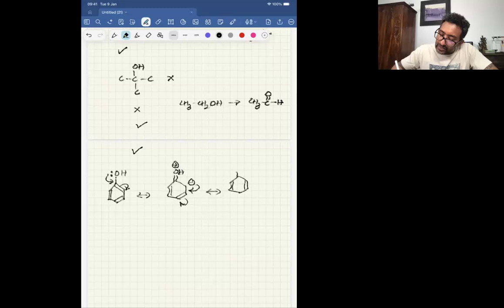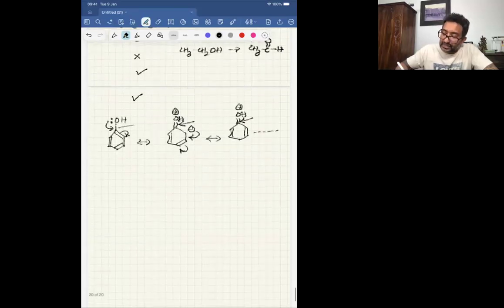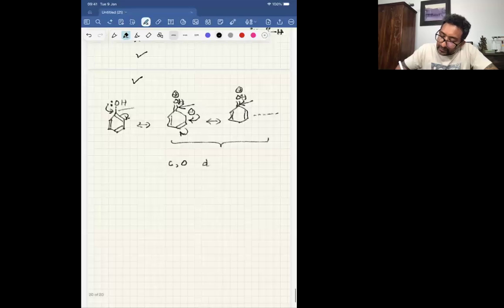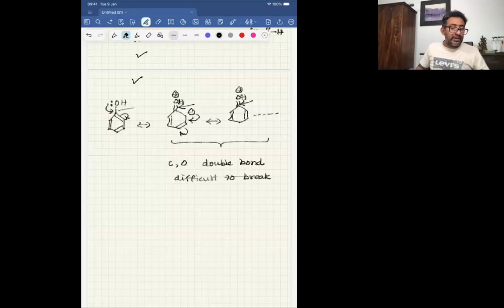So likewise, you need to write the resonance structures and show that there is a double bond character between the carbon and the oxygen in many of these structures. We have a carbon and oxygen double bond character. So it's partial double bond character, difficult to break. So therefore, it doesn't participate in nucleophilic substitution reactions.